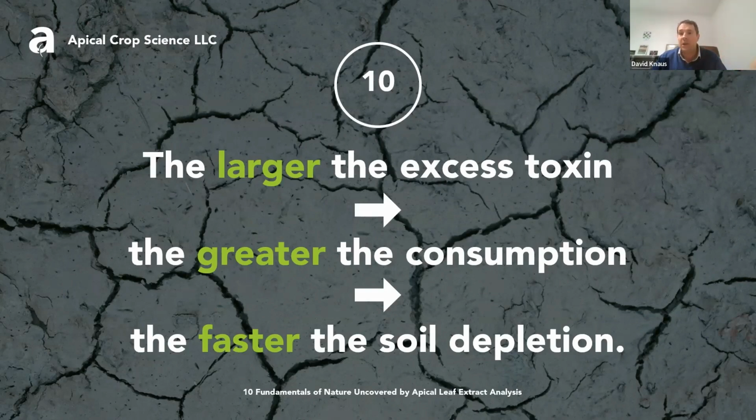But ultimately, it's our inability to communicate with nature that's driving this soil depletion. So by studying thousands of leaf analyses, we've unpacked, step by step, like I just illustrated here, step by step 1 through 10, why that's happening.